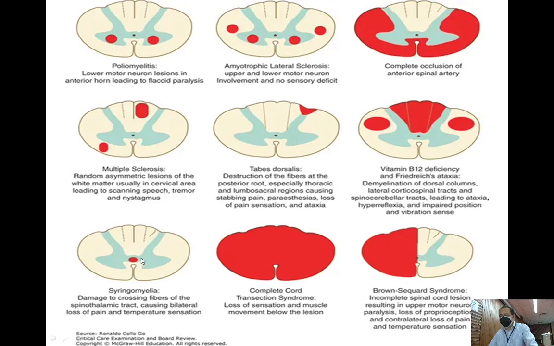Anyway, because it's involving this central part of the gray matter, it'll be affecting the tracts crossing through the anterior part, what we call the anterior white commissure. So this part will be affected, that means fibers crossing to the opposite side will be affected.